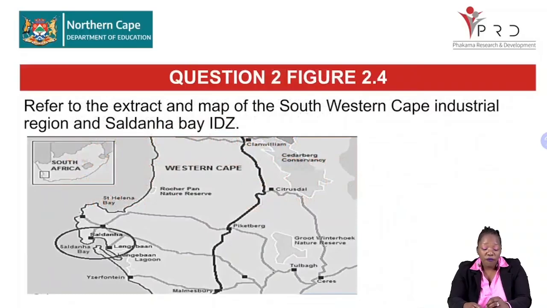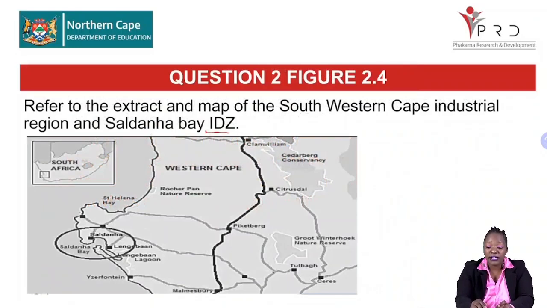Your figure 2.4 says refer to the extract and the map, which means in this diagram, we have the extract and we have the map. So we're going to start with the map of the Southwestern Cape Industrial Region and the Saldanha Bay IDZ.